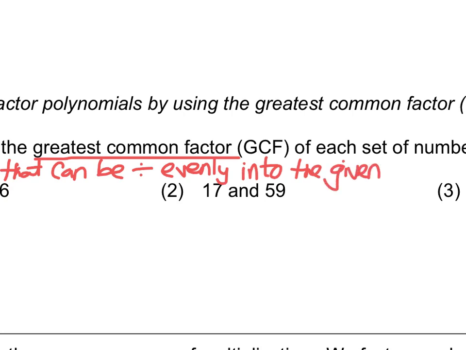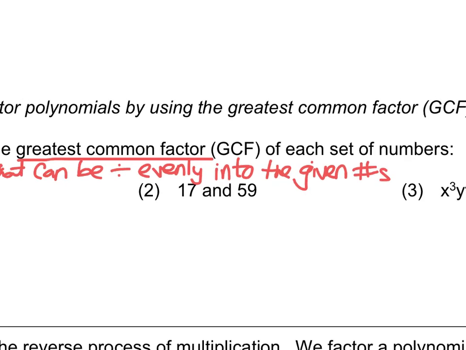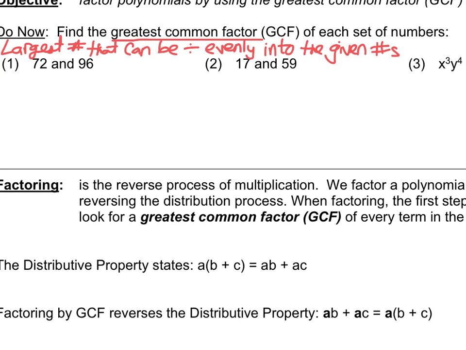And I'll even expand it. Instead of saying the two given numbers, I'll say the given numbers, because it is possible you might have to find the greatest common factor between 10 numbers. Not in this class, but down the line. So: largest number that could be divided evenly into the given numbers.